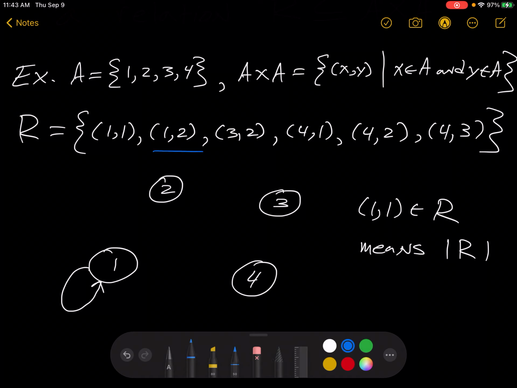Now let's look at (1, 2). (1, 2) in R means that 1 is related to 2. And the way we indicate that is we start at 1 and we draw an arrow or a directed edge to 2.